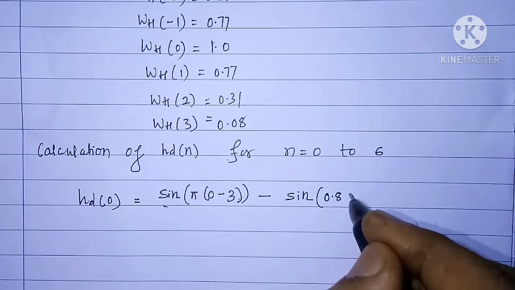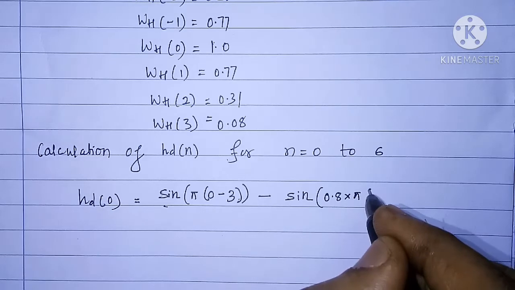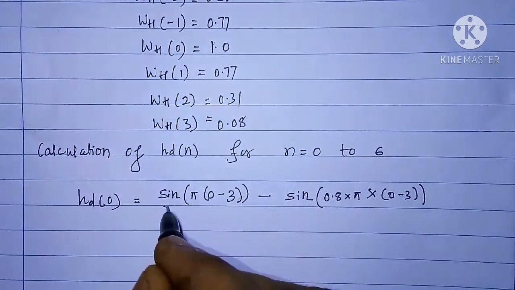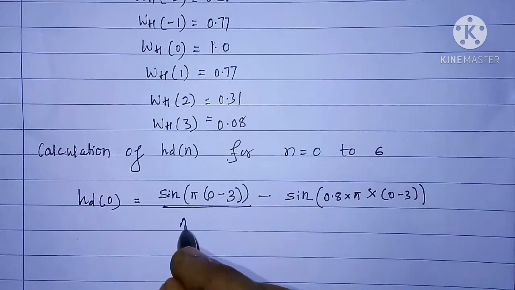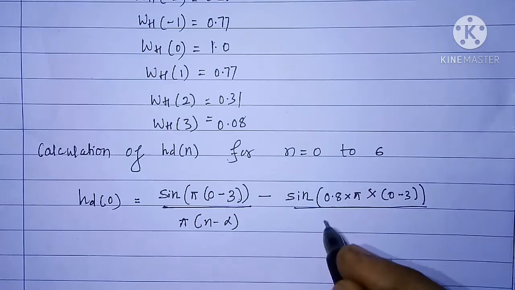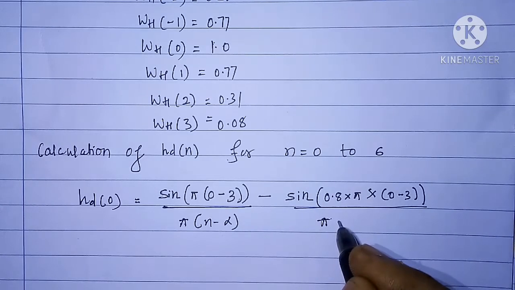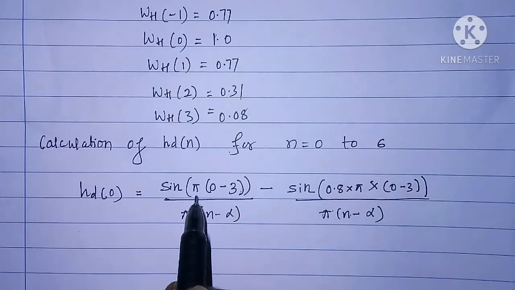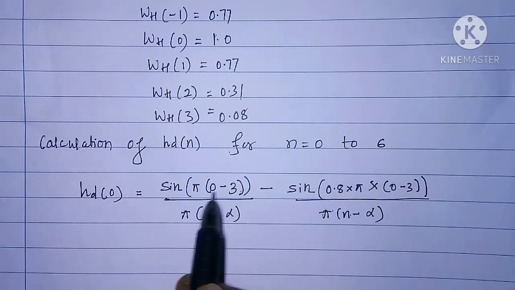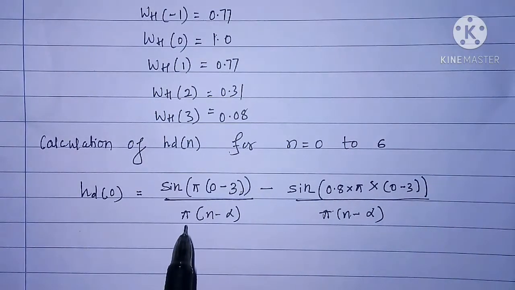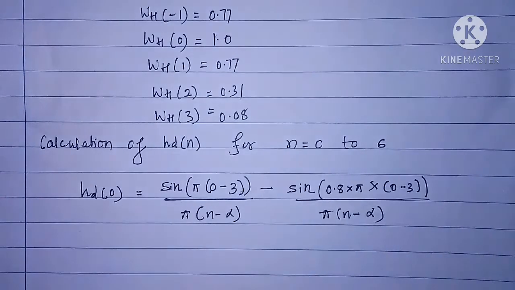Omega c is 0.8 into pi, inside the bracket 0 minus 3. Pi into n minus alpha is denominator for both the terms here. Convert sine of angle in radians here into degrees, and here also keep the denominator pi in radians only and simplify.